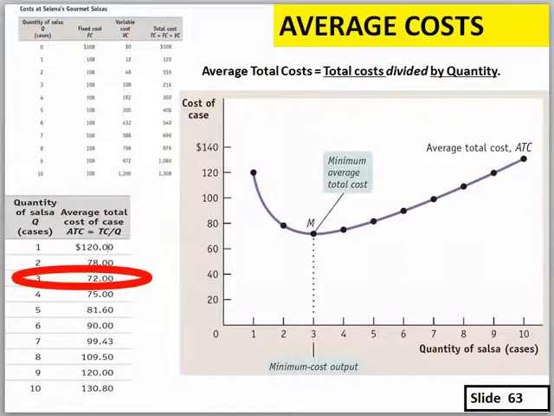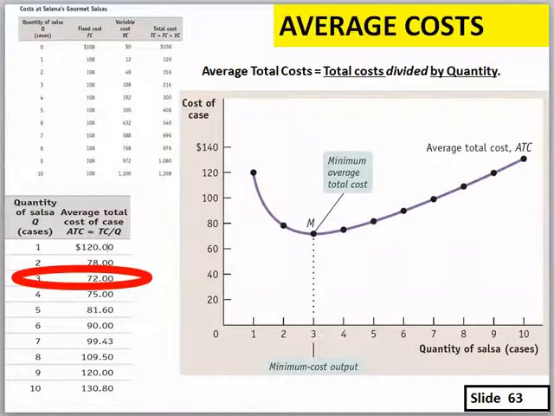And of course you can see what the plot looks like. In this case it starts out very high when we have a low quantity that we're producing. It comes down to some low point and then it starts back up again. You say, how can this be? Well, remember that total cost includes fixed cost plus variable cost. So when we're computing average total cost, the more and more units we produce, the more we spread out those fixed costs, and the fixed component gets smaller and smaller.